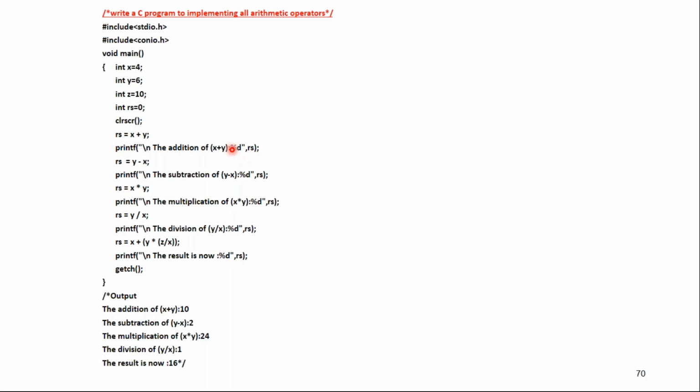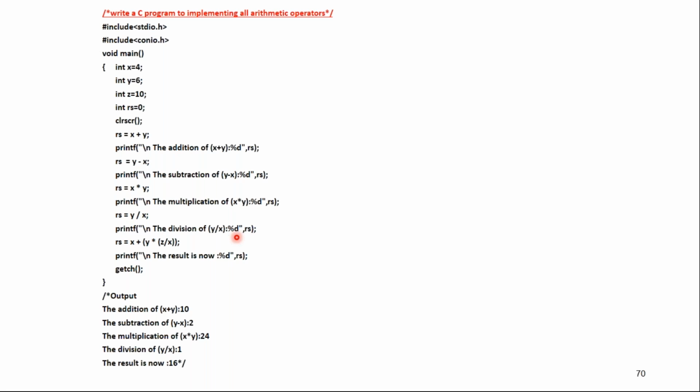And the subtraction, 6 minus 4, is 2. That is the result here. Next is x into y, 4 into 6, 24. Y by x, we are going to get a fractional or real value, a decimal value. We are displaying the result as an integer, not as a float. We are using percentage d, not percentage f.